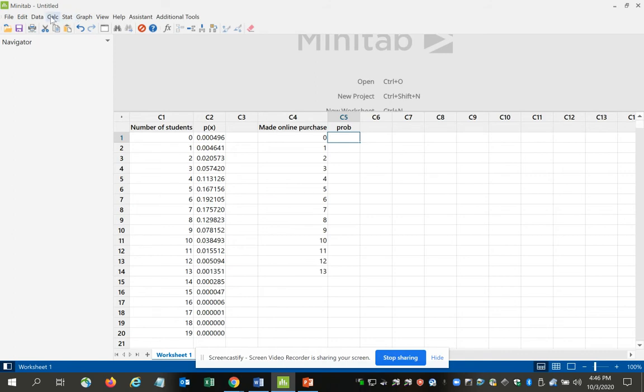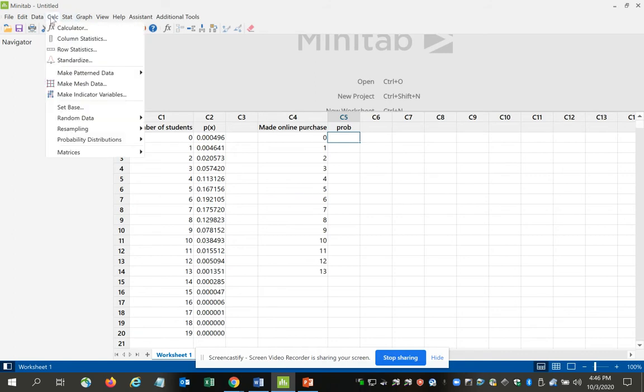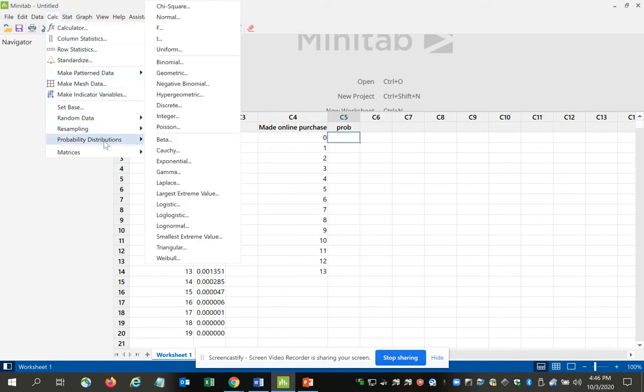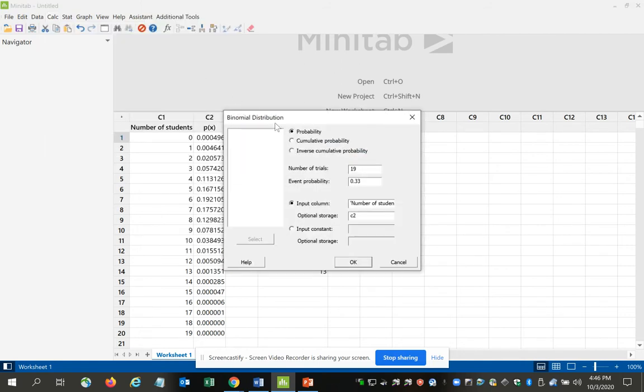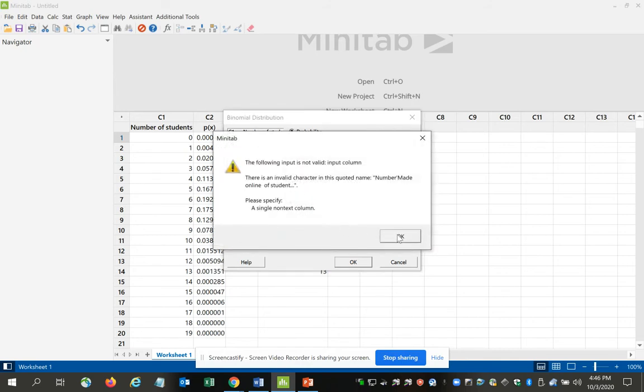Okay, so we do calc, probability distributions, binomial. Again, we're doing probability. My number of trials is 13. Probability that they made an online purchase is 0.44. My input column this time is C4.